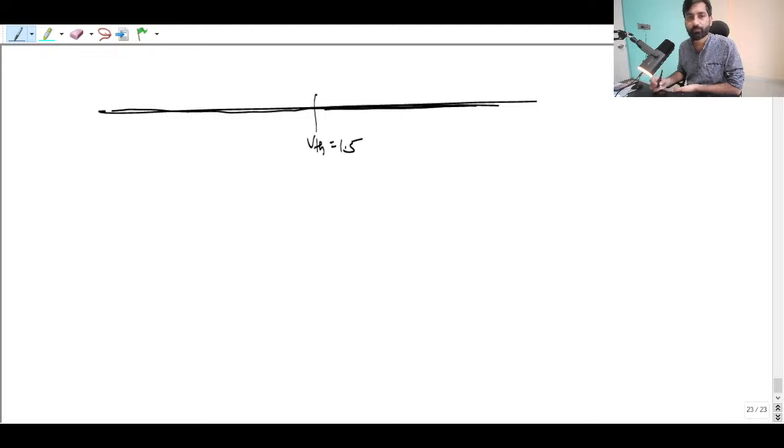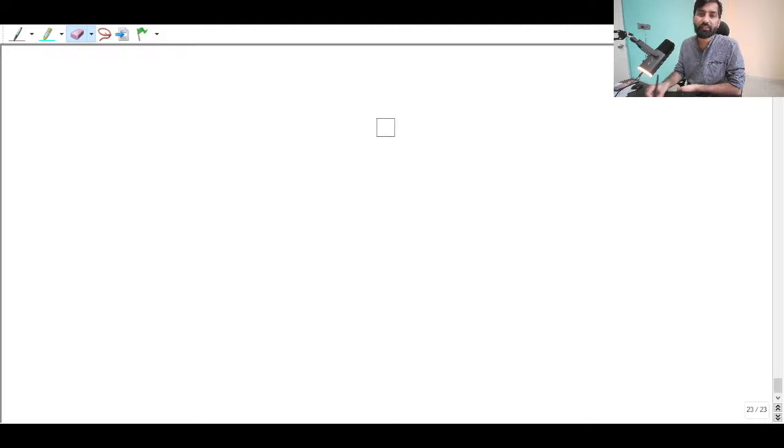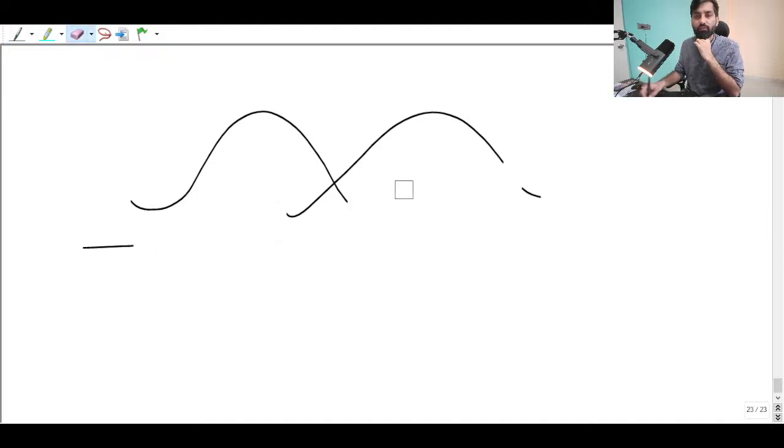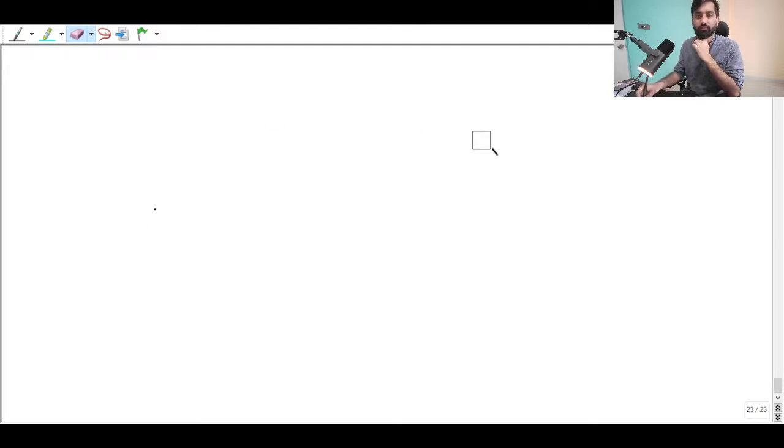So what is the meaning of that? You can draw the picture, right? If it is a 0 mean Gaussian random variable, so first of all, you have to draw the density function for noise.